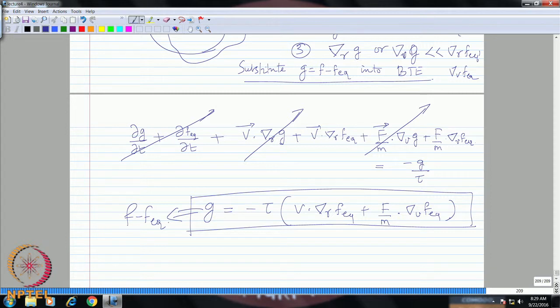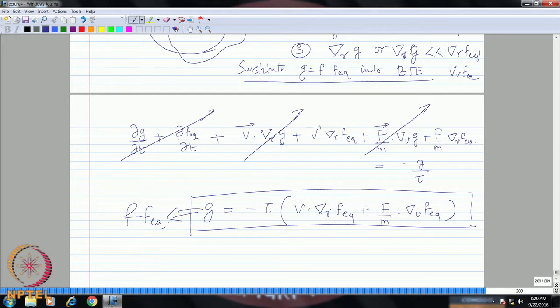In other words, it tells you for the limiting case of Knudsen number going to 0, what is the relation between the non-equilibrium function f and the equilibrium function. So, this is your particular relation. Therefore, once you express your non-equilibrium function in terms of equilibrium, it becomes easier to solve them, because you already know what the equilibrium distribution function is, right. So, it becomes easy to solve.